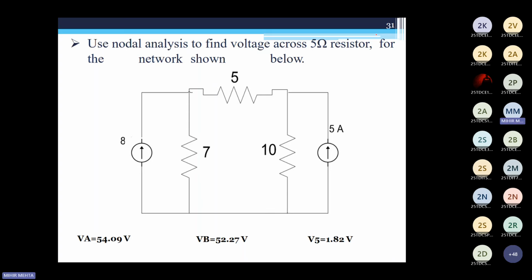Since we don't have any hands raised, I want you to solve these equations and find out the answers. So here, the answer for VB, you might get this as 52.72 instead of 27. The right answer is 52.72. So there is a small misprint here, which you can rectify at your end.